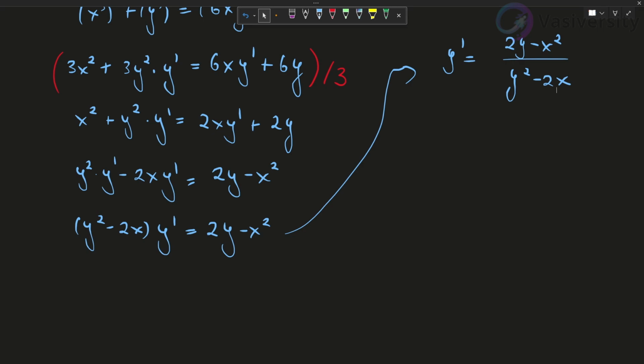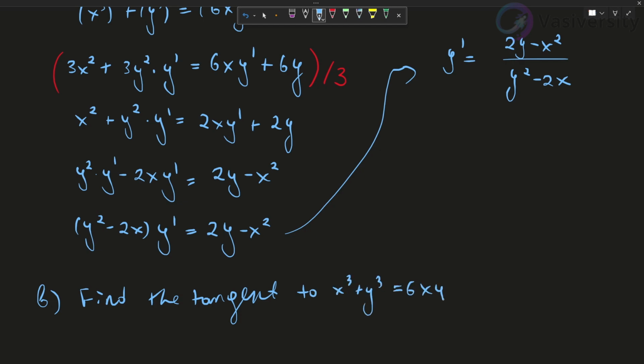Okay. Then part B. Part B is asking us to find the tangent to x cubed plus y cubed is equal to 6xy, which is called the folium of Descartes, at the point 3, 3.